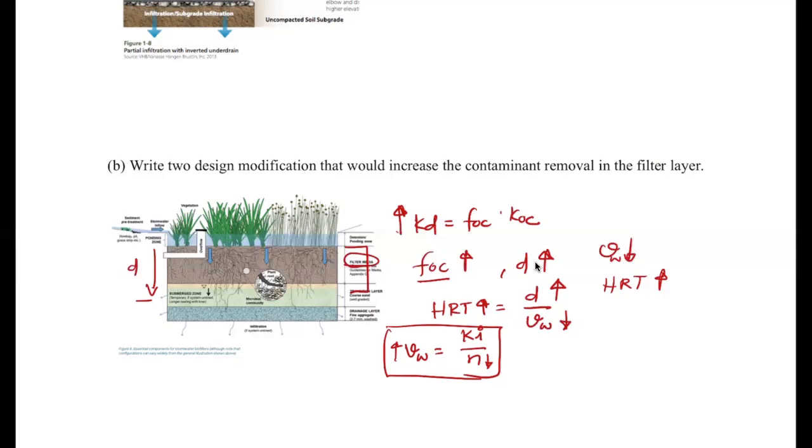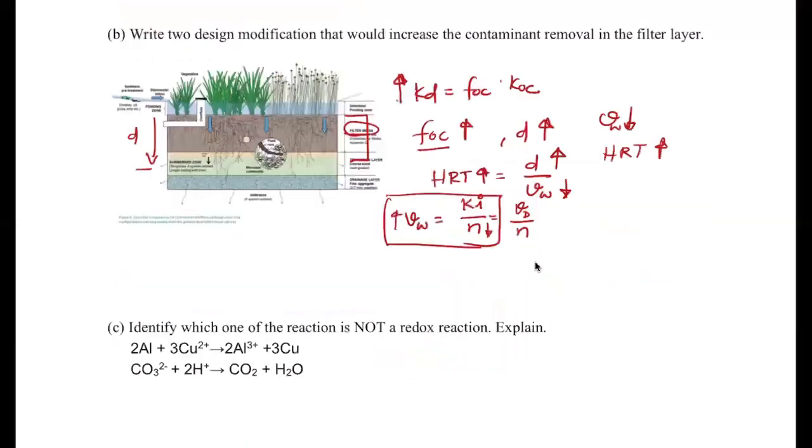So this is Darcy's velocity divided by porosity. If you decrease velocity, it means it's moving slow, so your retention time or contact time is much higher. That's another way. You can also have smaller size particulates, so the particle size is so small that it infiltrates slowly. So there are many different ways you can change that, but if you write any two of those, then you will get the answer.